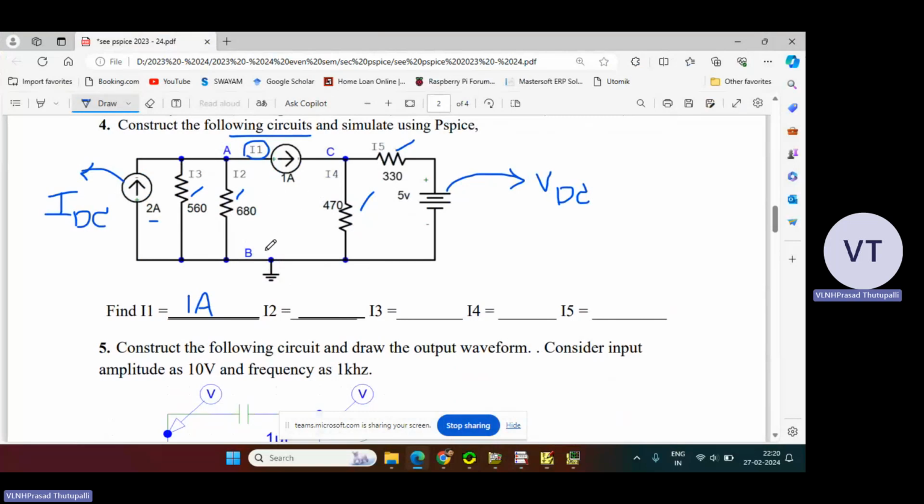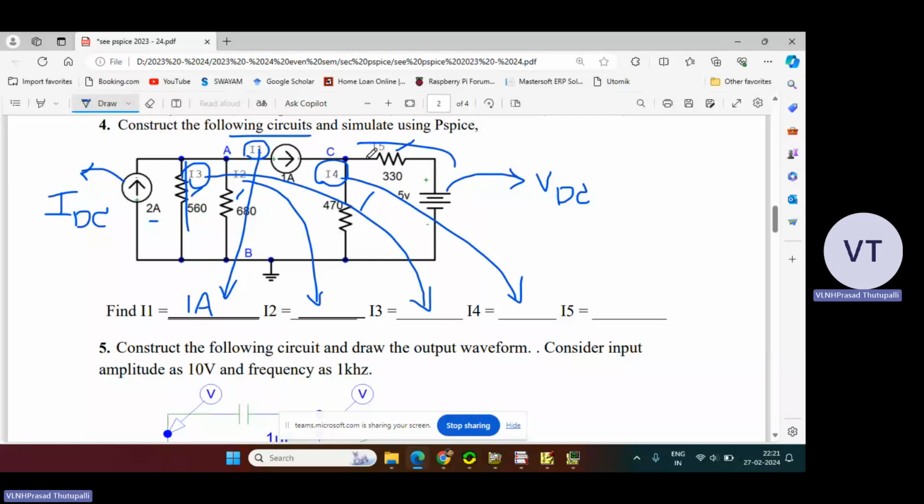Find the value of the current flowing from A to node C, which is I1, and write it here. I2 is the current flowing from A to B, write it here. The current flowing through this branch is I3, write it here. Similarly I4, and I5 is the current flowing through this branch, write it here.